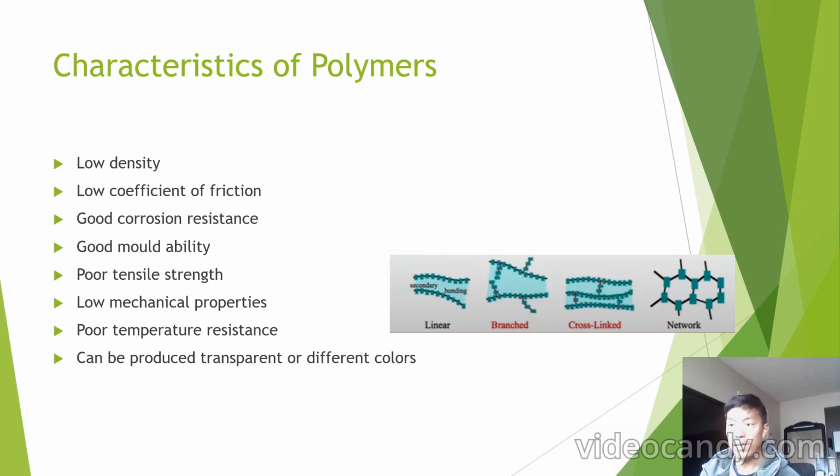Some of these properties are due to the way the polymers bond together, which can be linear, branched, cross-linked, or network-like bonding.